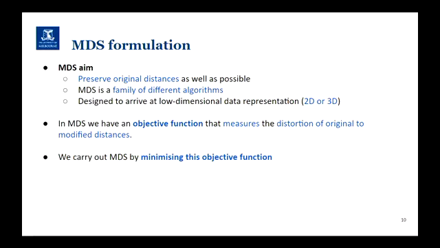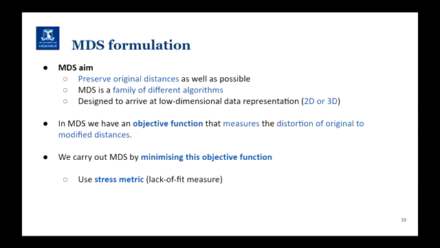What we basically need to do is find a projection. How do we find a projection? It's similar to what we did with PCA. We find vectors, 2 or 3, onto which we can project our data, in 2D or 3D. And what we need to do is select the vectors that minimize or maximize this objective function. That's how we carry out multidimensional scaling.